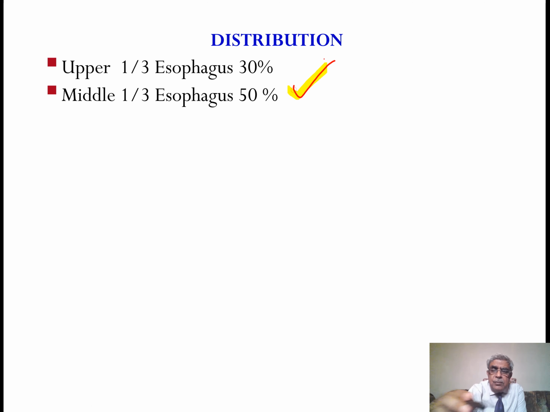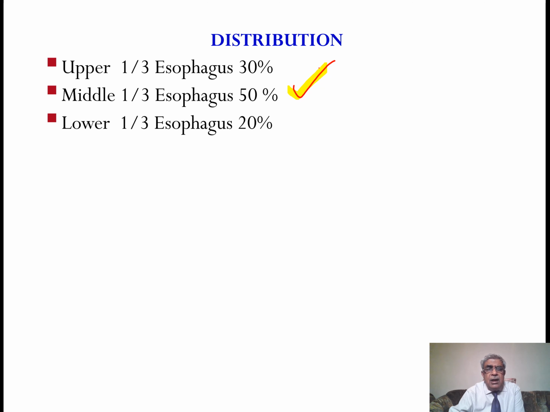The tumor is seen in 50% of cases in the middle one third, lower one third 20%. But if somebody asks you which is the commonest cancer in the lower one third, of course adenocarcinoma, because it's due to Barrett's esophagus, and Barrett's esophagus is a precancerous lesion.